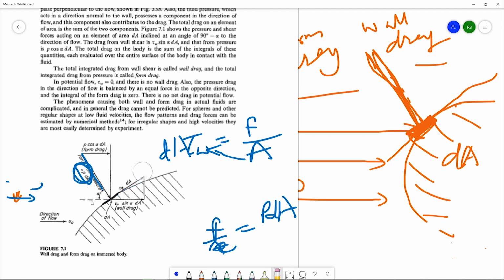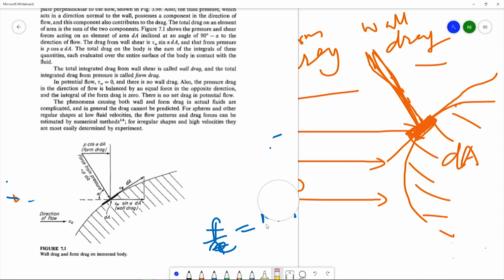Fine. Now you have to calculate these components in the direction of the fluid flow. Fluid is flowing in this direction, right? So you have to calculate the form drag, that is, it is called form drag if it is from the pressure.